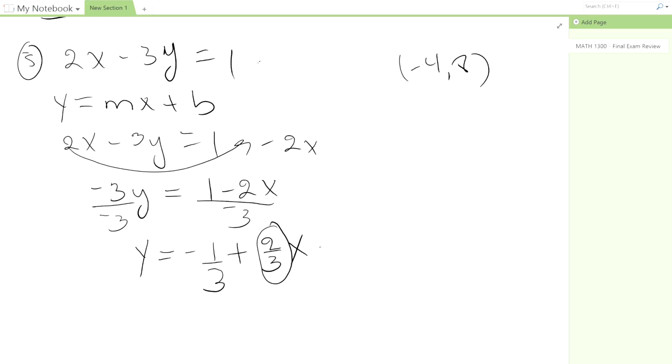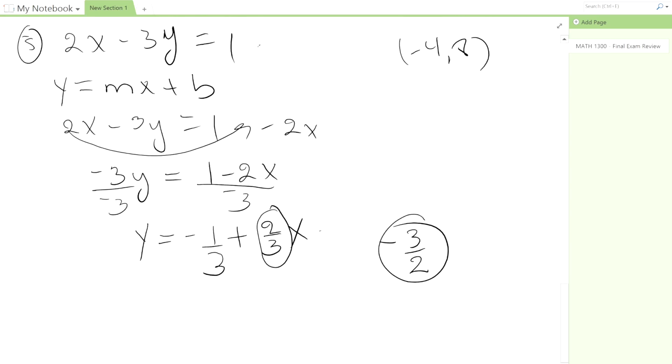But I'm looking for an equation of a line that is perpendicular. So two lines are perpendicular if their slopes are negative reciprocals of each other. So if I have, in this case, slope 2 over 3, perpendicular to this would be negative 3 over 2. Right?